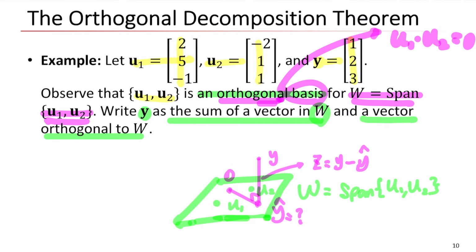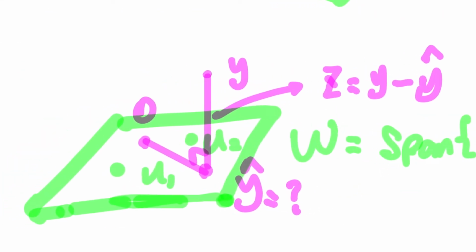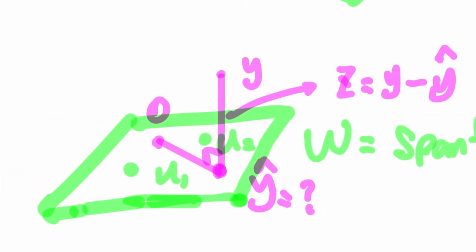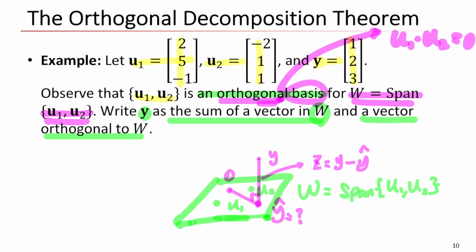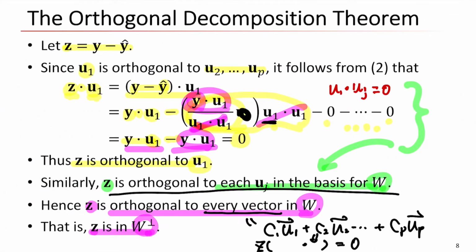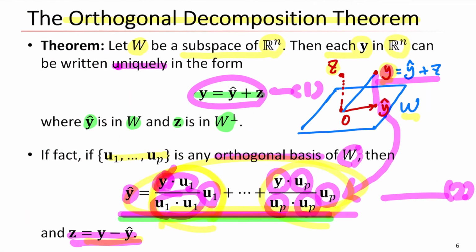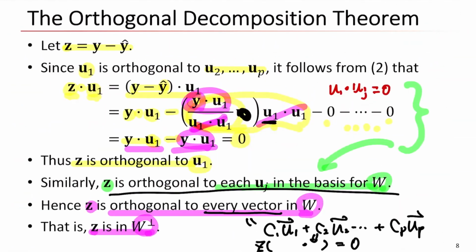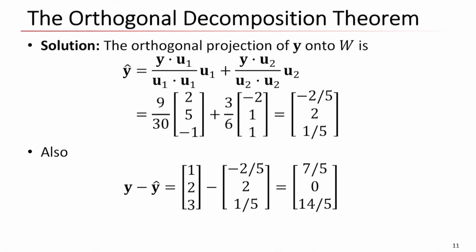In this case, y hat is the projected vector of y onto the subspace W. So how can we find y hat by using this representation? Let's do that. First of all, we have y and the orthogonal basis u1 and u2.